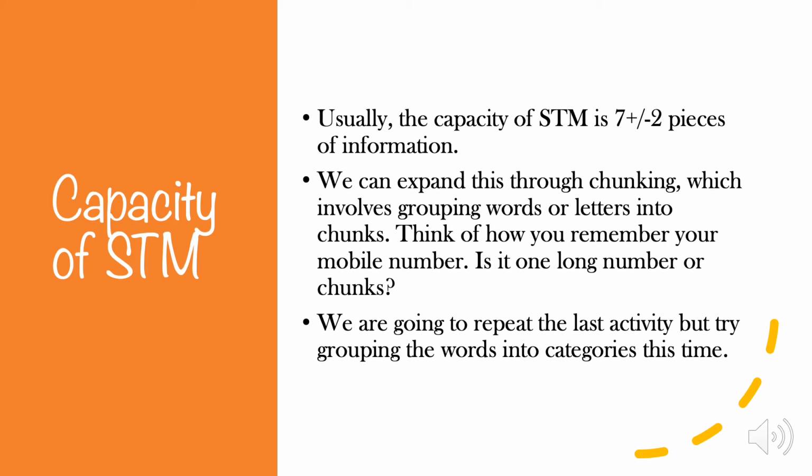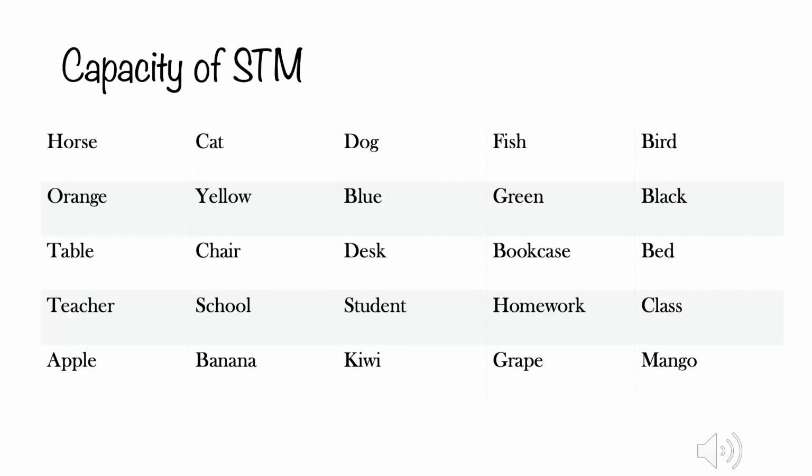So we're going to repeat the last activity now, but we're going to try and group the words into categories this time. You're going to have 2 minutes again to memorize the words, but this time they're in categories, so you can see whether that helps you to remember more words. Alright, get your timer out again and give yourselves 2 minutes to memorize these words.